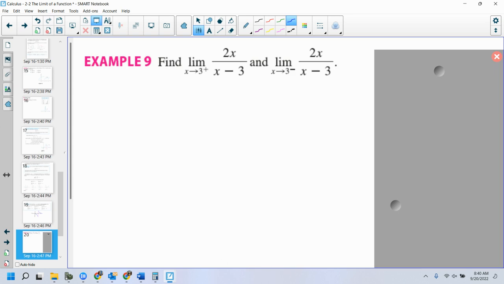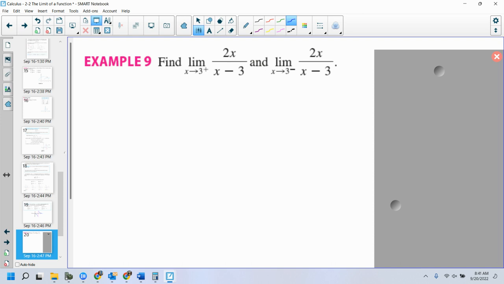All right, let's find the limit as x approaches 3 from the positive side of 2x over x minus 3, and the limit as x approaches 3 from the negative side of 2x over x minus 3. Now, from our algebraic rules, like on the last test, where is the vertical asymptote of any rational function?